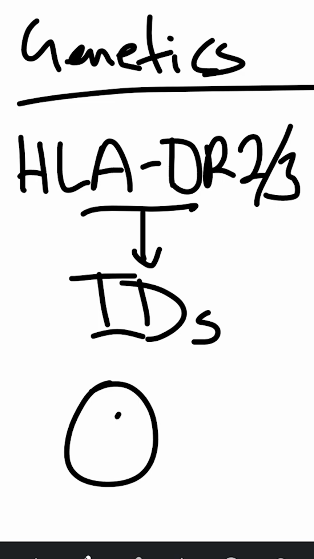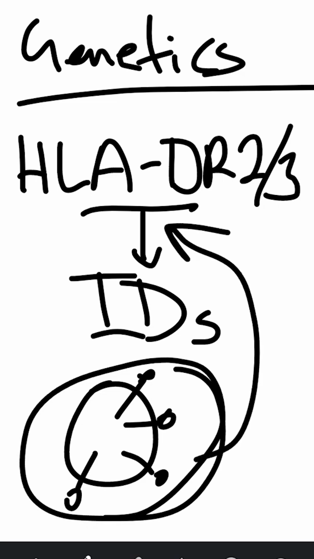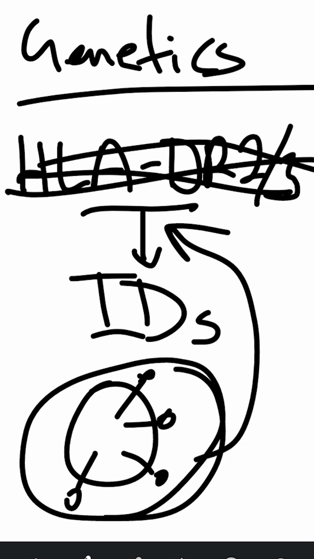If you have a cell and the antigens present on it, how will the body know that this is part of itself? It's through various mechanisms, and one of them is HLA Dr. 2 and Dr. 3. People with SLE have a defect here, so how the body identifies certain things will be a little bit messed up.